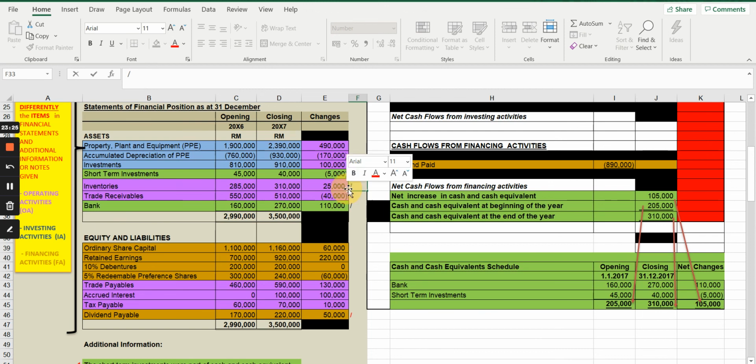Not this one, this one here. Put a tick to show that you have investigated. And it's better that you use a different color. I'm using red because red will normally make us see it even from far, right? Okay, we have done that for dividend.